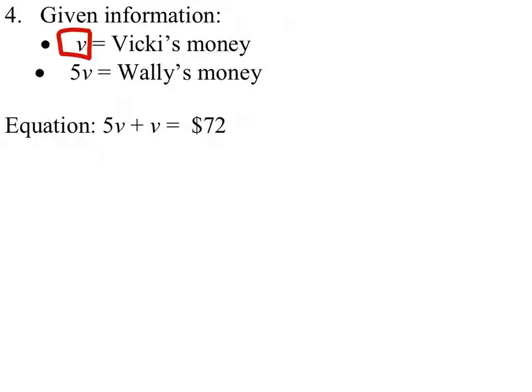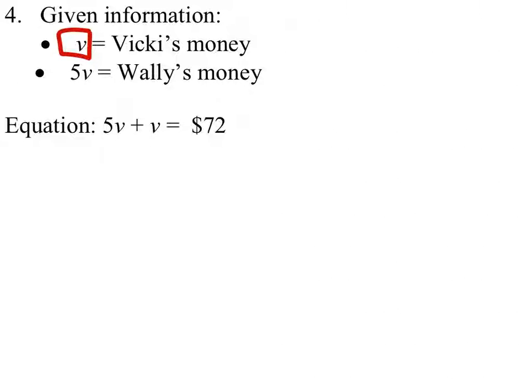You could write that Vicky's money is V, and Wally's money is 5 times Vicky's. Okay. Now, Vicky's money is just V though, right? So that should be included in the question, because we're not doing anything.